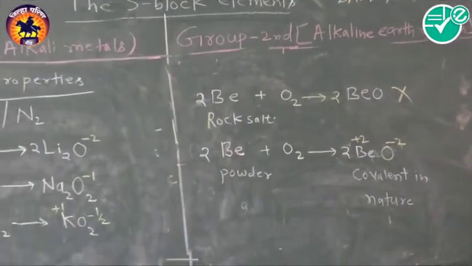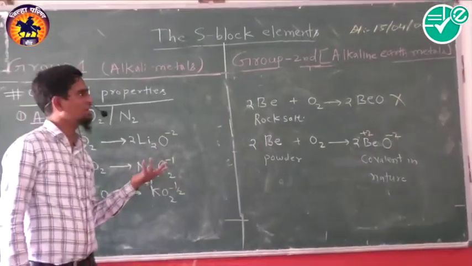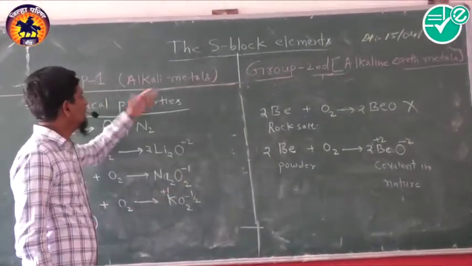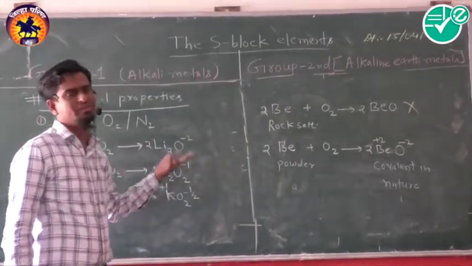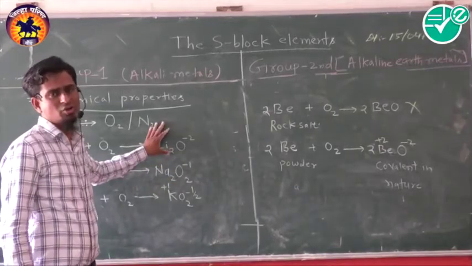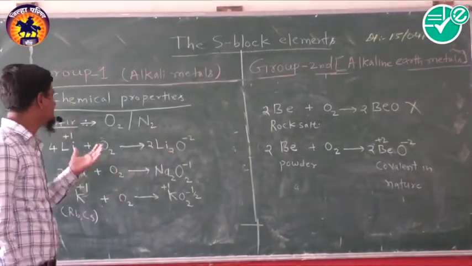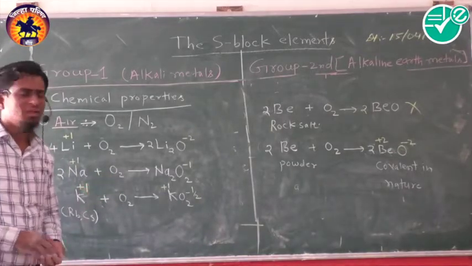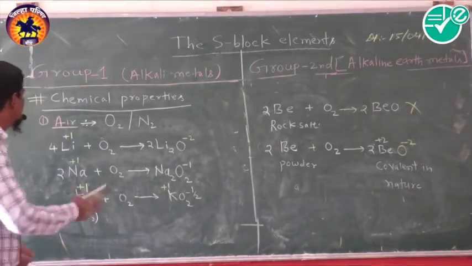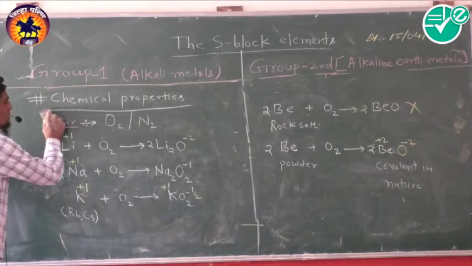After that, reactivity with water, I have already shown you. We know that they react with water and form hydroxide. The second reaction, that is reaction with water, we already studied. Now come towards the third one, reactivity with hydrogen.